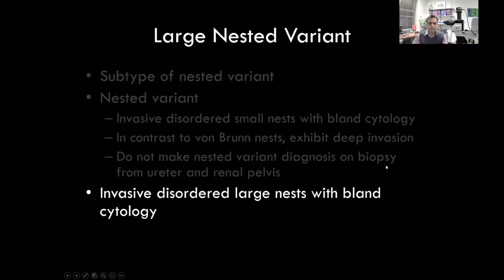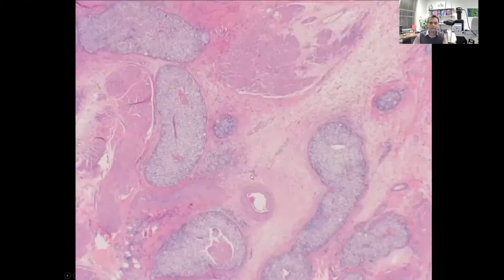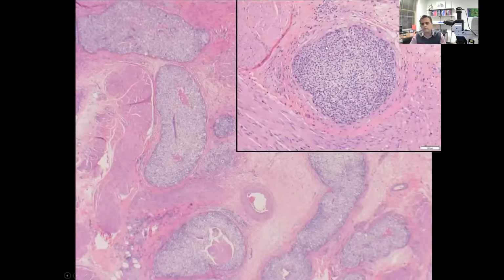Okay. So let's come finally to this large nested variant and see what it looks like. So essentially the concept is very simple. Instead of small nests, you basically have large nests with bland cytology. So here's a great example of a large nested variant. You get these really large nests that are clearly invading the muscularis propria, right, in all directions. And if you look closely, you will see most of them have a very bland cytology with very little atypia.